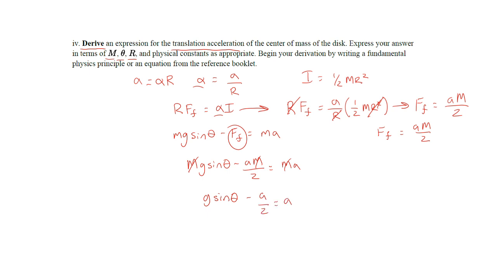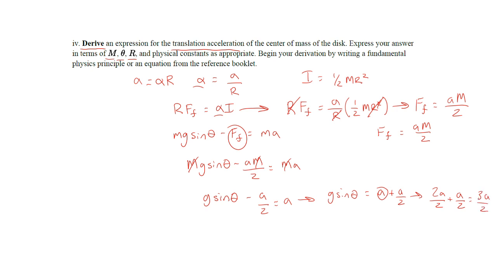So add a over 2 to both sides. So we have g sine theta is equal to a plus a over 2. So I want to give this a common denominator. So we'd have 2a over 2 plus a over 2. So that ends up being 3a over 2.